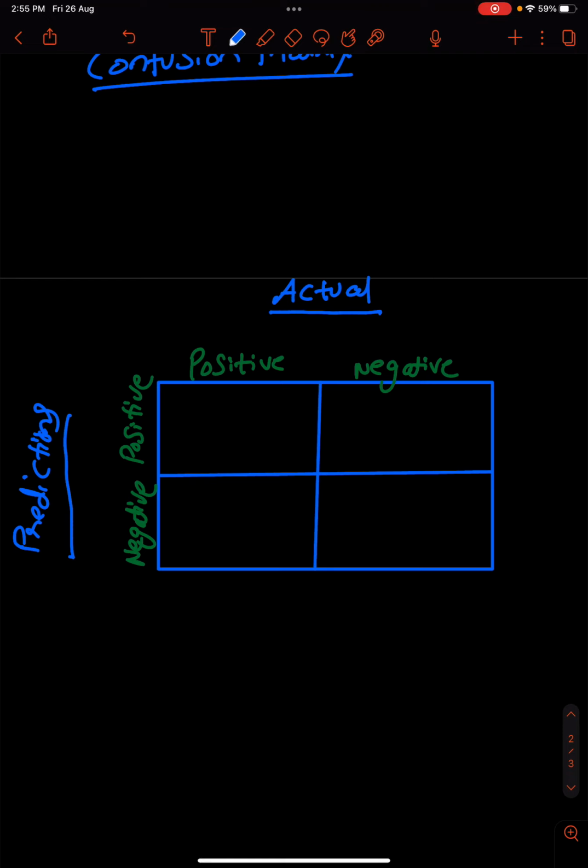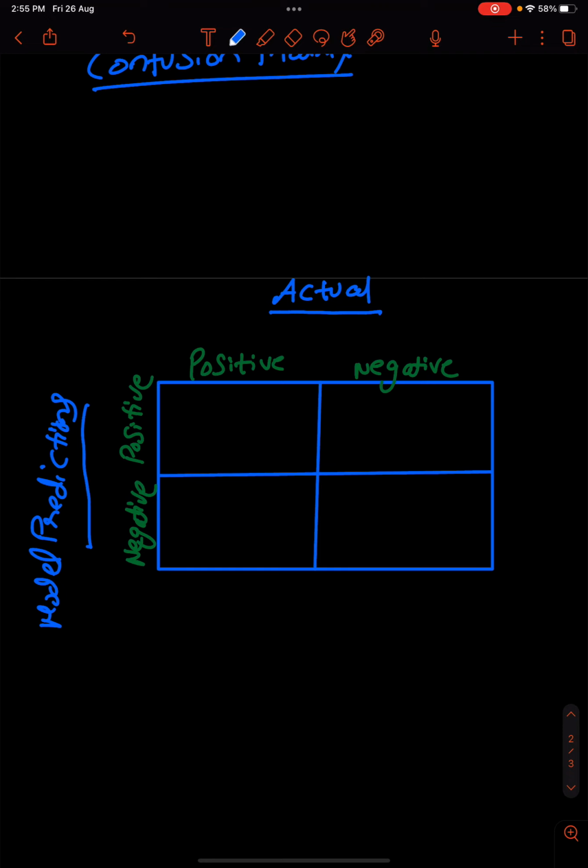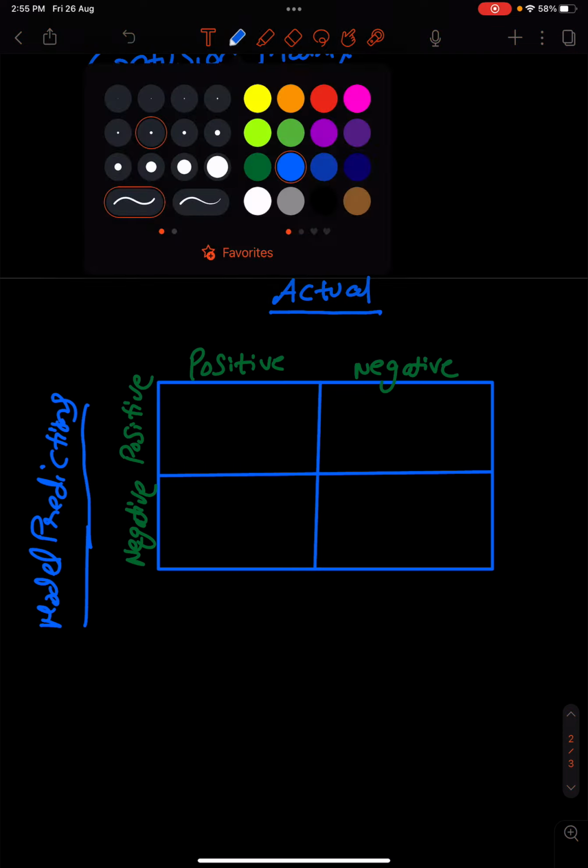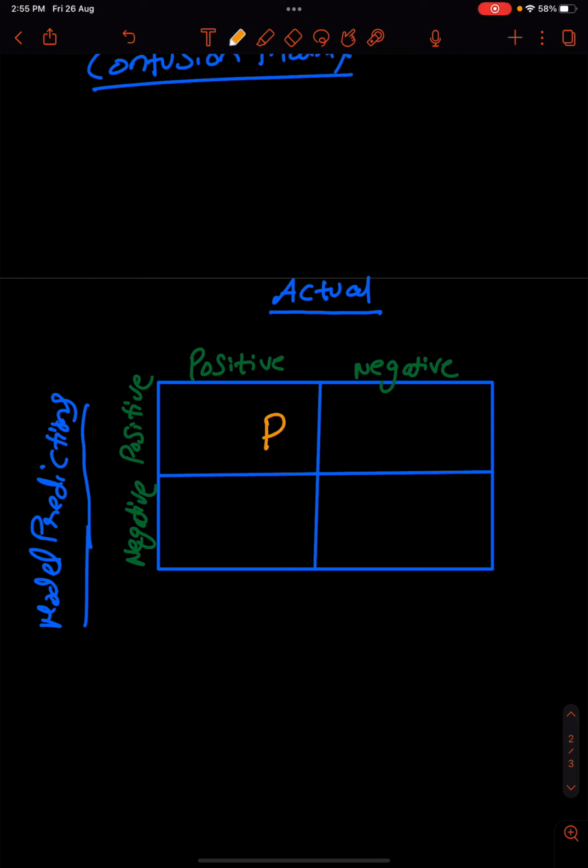Now let us try to understand and fill this particular table. So let's say my model is predicting certain records as positive class. Okay, so let me fill that. So the model is saying that this is positive class. Since these are the model predictions, this is positive and this is positive, and these are the predictions which it is saying as negative.